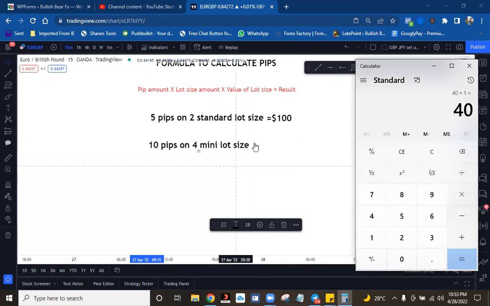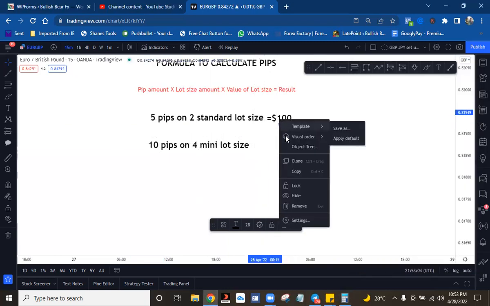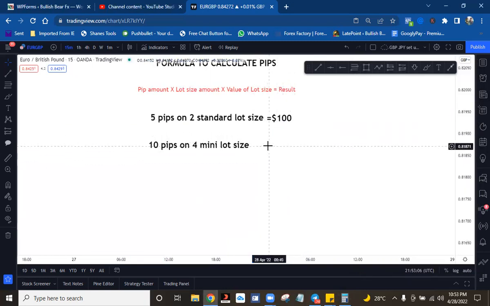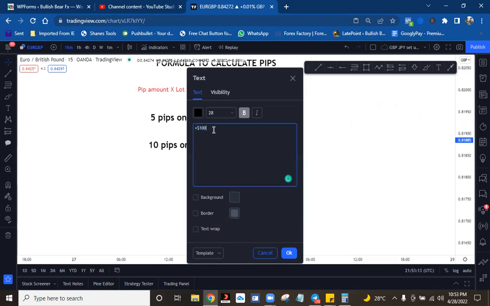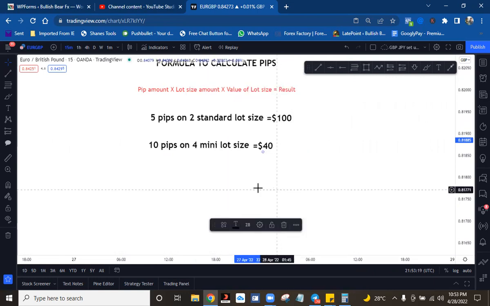So this simply means that I am risking $40 on this trade. Yeah, I'm risking $40 on this trade.